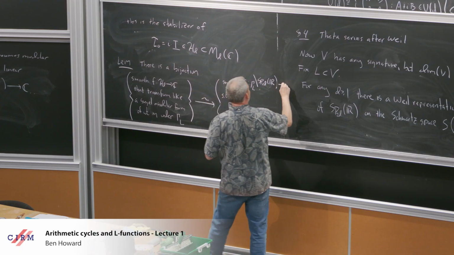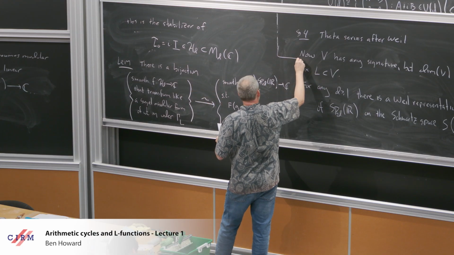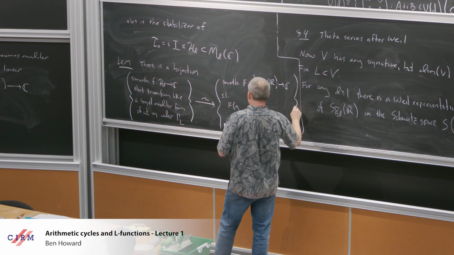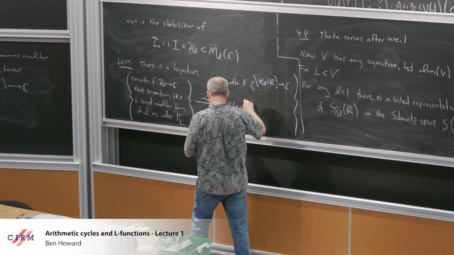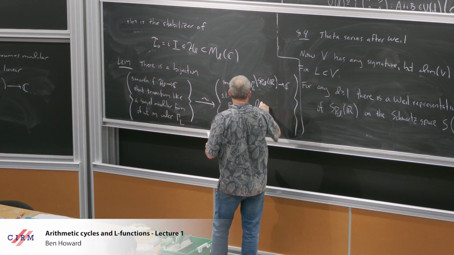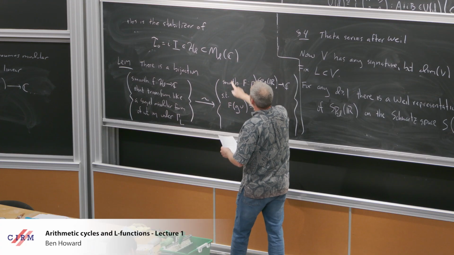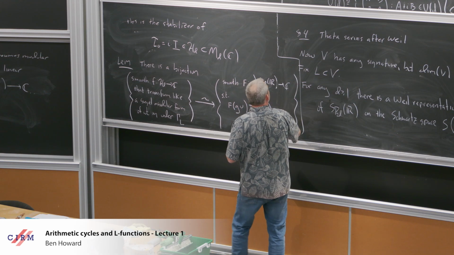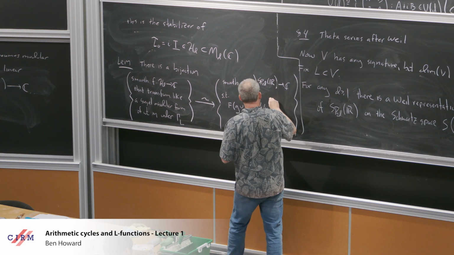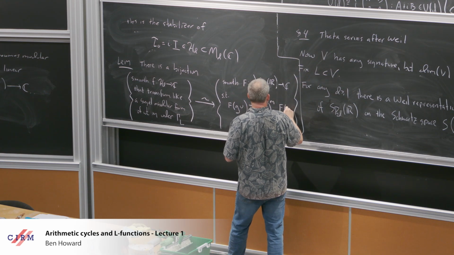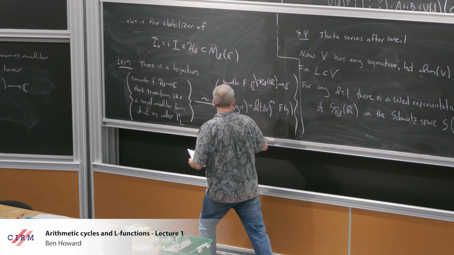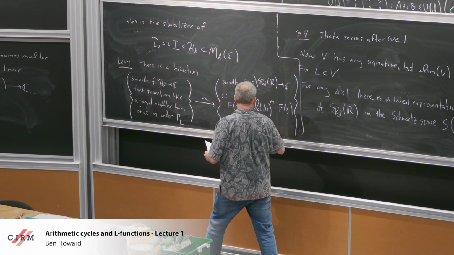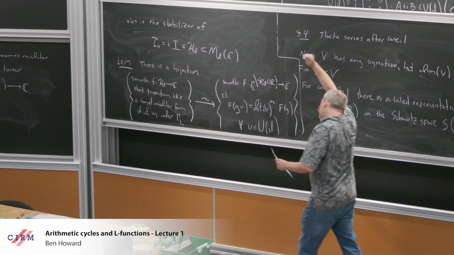So capital F is a complex valued smooth function on this quotient such that when you right multiply by an element of the unitary group, it multiplies by the determinant taken in the unitary group to the nth power, F of g, for all u in our unitary group.